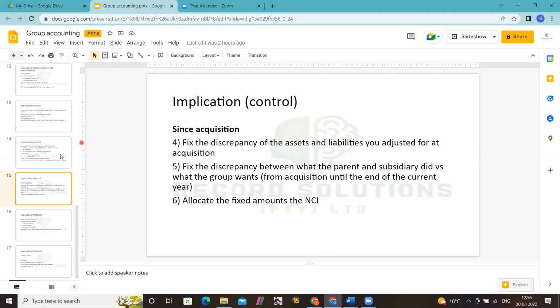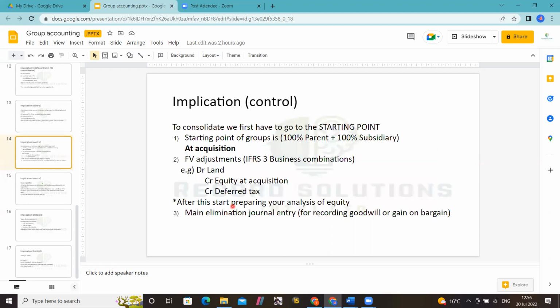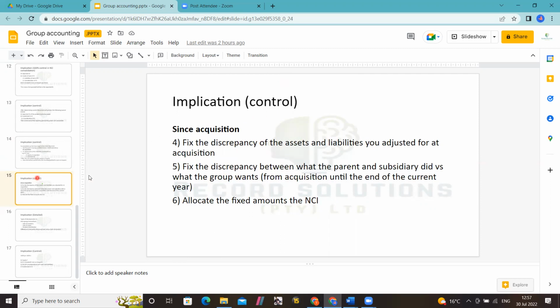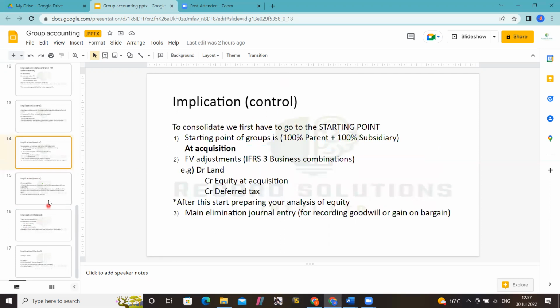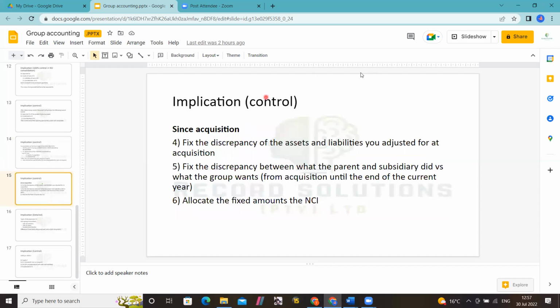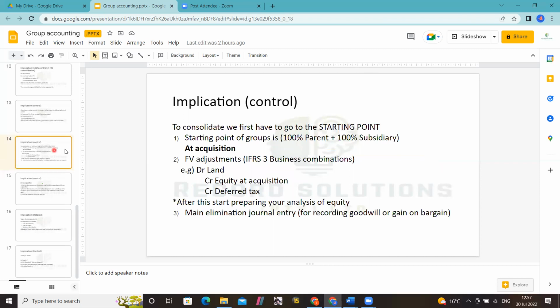It's only the at acquisition part. Actually, it's this deferred tax. So every time I talk about deferred tax in those videos, do not just ignore me, because you guys are not doing deferred tax. Otherwise, everything remains the same. And the fact that you are not doing deferred tax is actually easier because you don't have to remember deferred tax.